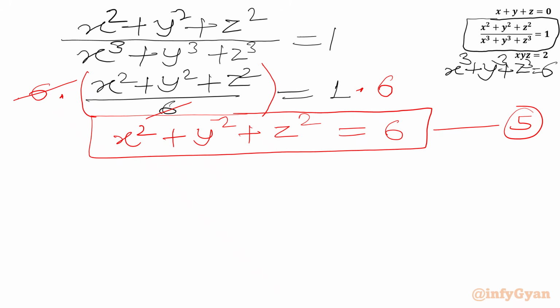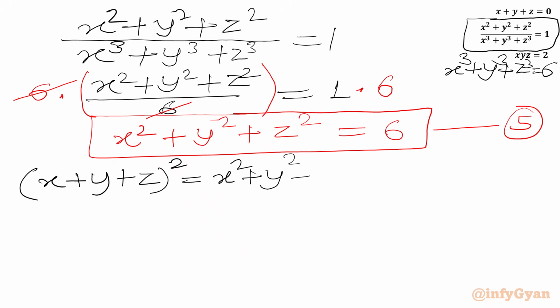Now I will use another algebraic formula, a plus b plus c whole square. So let me write here in terms of our variables: x plus y plus z whole square equal to x square plus y square plus z square plus 2 times xy plus yz plus zx.